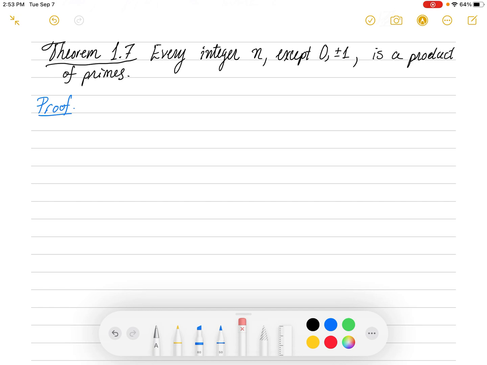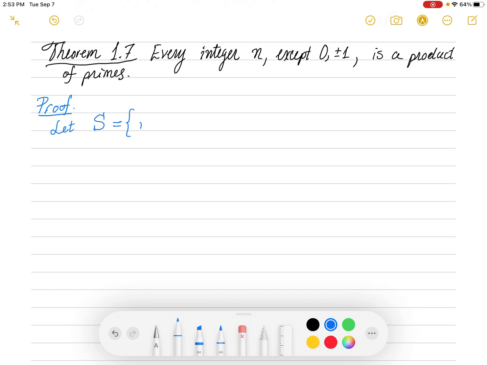Okay, so this is a tricky one to prove. Let's start off by letting S be a set, a collection of objects.